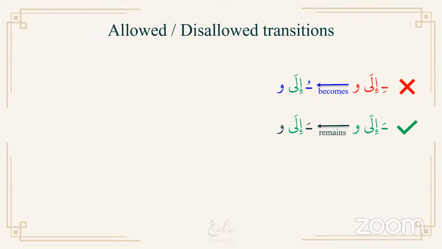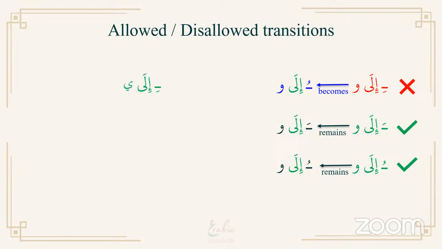There can be a situation in which Dhamma is on a letter and it is followed by Vav. This is also allowed, and in this case you don't need to do any change. You can leave it as it is, Dhamma with Vav.